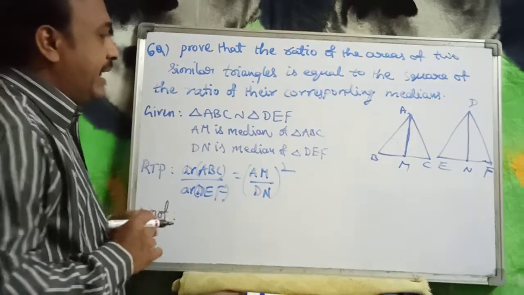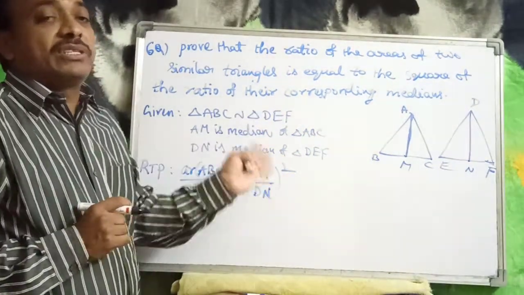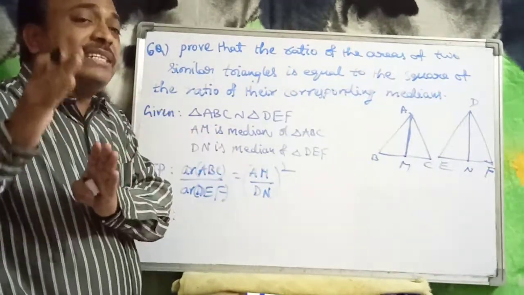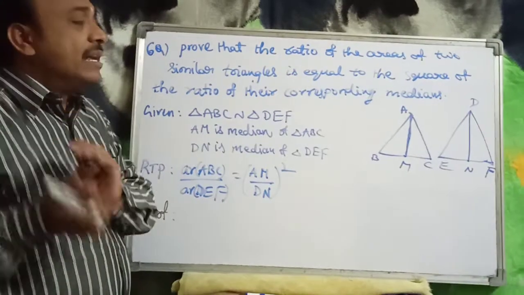As we know, the ratio of the areas of two similar triangles is equal to the square of the ratio of their corresponding sides.